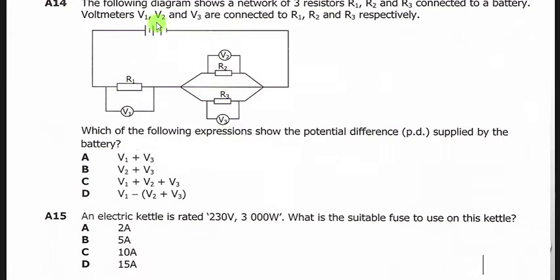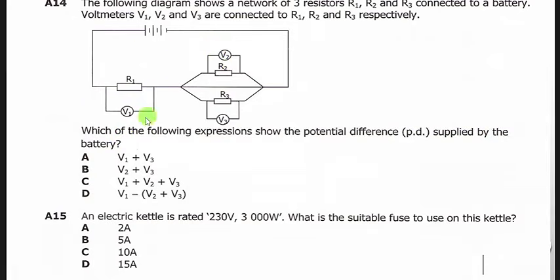Then also we have voltmeters V1, V2, and V3 connected to the resistors as shown. Then we are told which of the following expressions show the potential difference supplied by the battery. So potential difference is just voltage which is coming from here.